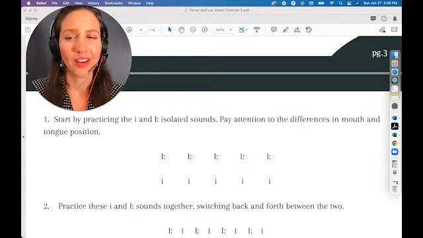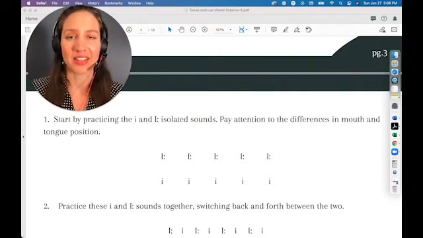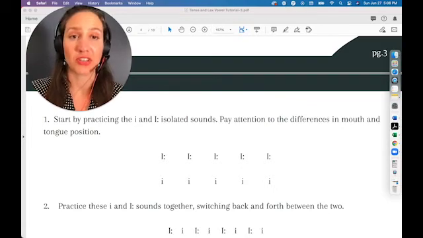Number 1. Start by practicing the I and E isolated sounds. Pay attention to the differences in the mouth and tongue position.